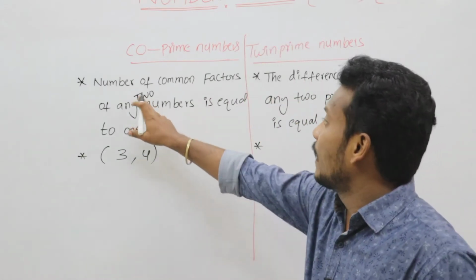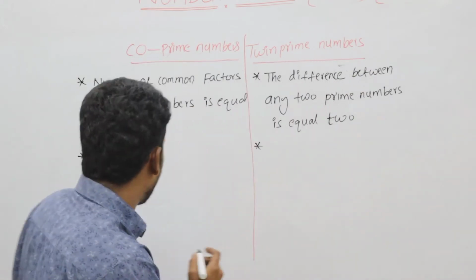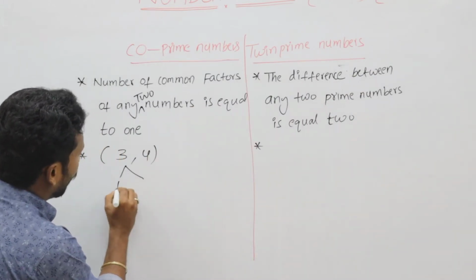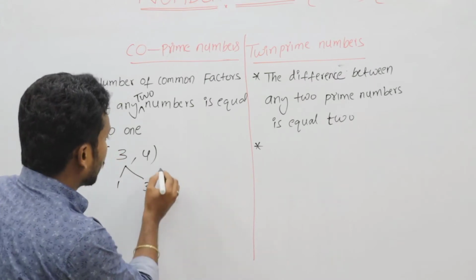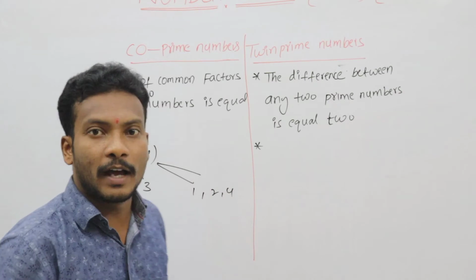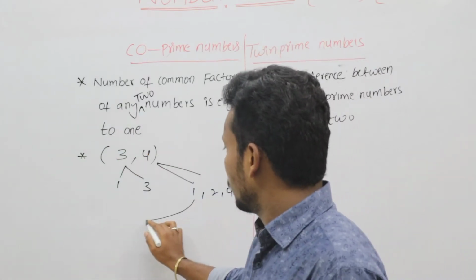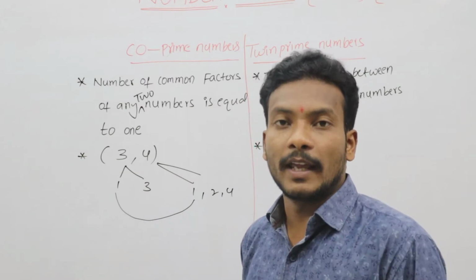Now I am checking the number of common factors. What are the factors of 3? 1 and 3. What are the factors of 4? That is 1, 2, 4. Now check what the common factors are. 1 only.